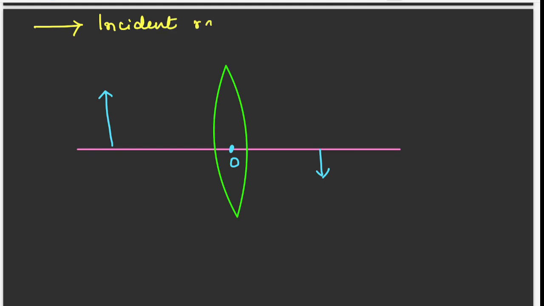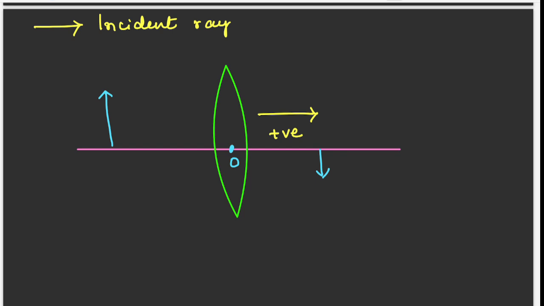In which direction is the incident ray coming? It is coming in this direction. So if you are measuring the distance in this direction, that is, in the direction of the incident ray, then you have to take it as positive. Positive distance if you are measuring in this direction.